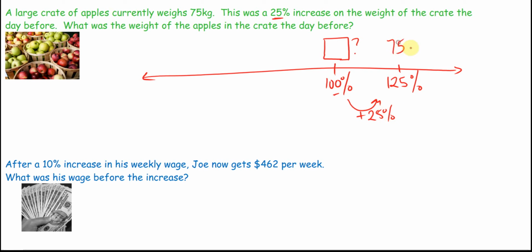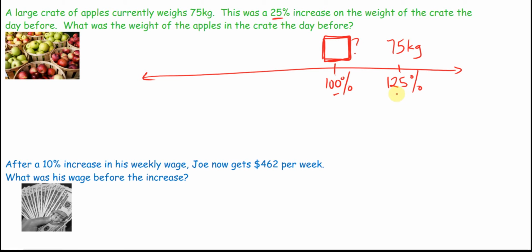So 75 kgs is the increased weight. So whatever that weight was, it has been increased by 25% to give us 75 kgs. So what we're looking for now are some numbers such that we can find out what 100% is.